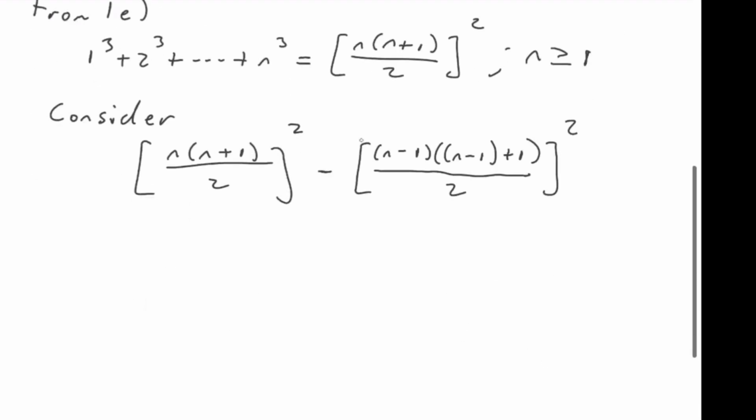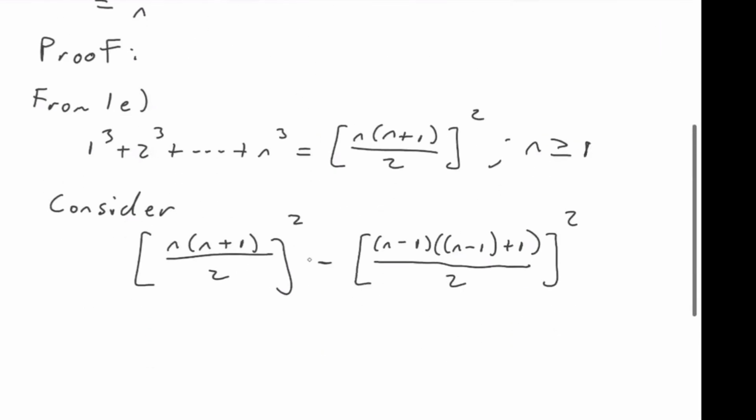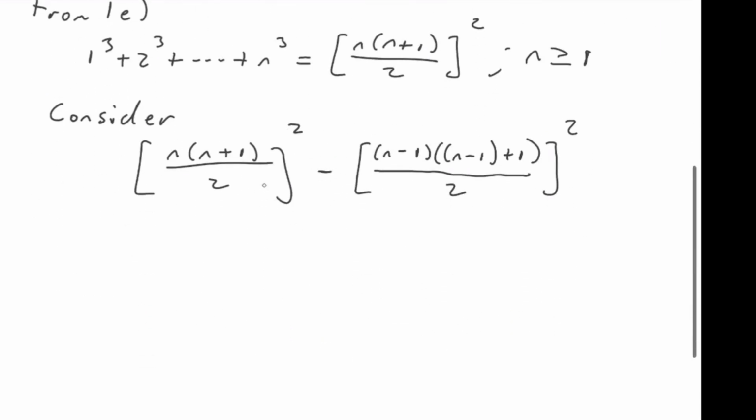So he wants us to look at this from this, right? So basically, if we can show that this here, just using algebra, is equal to n cubed, then we've proven that n cubed, or any integer, can be written as the difference of two squares, because look, these are two squares, right? Okay, so let's go ahead and do that.